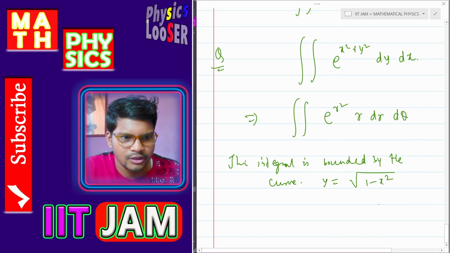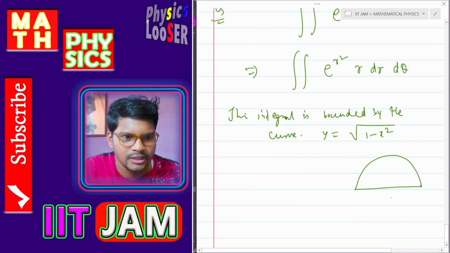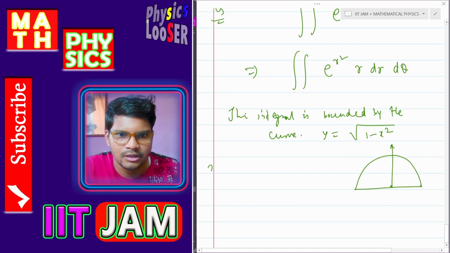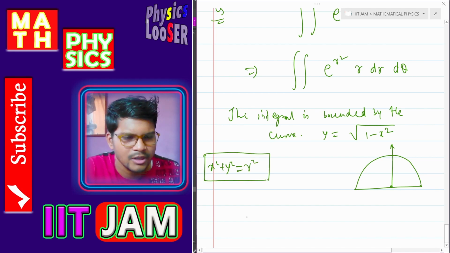So it means that you need to plot a semicircle. In order to find the radius, you know that x square plus y square is equal to r square, the equation of a circle. So here you can see that the radius is 1. So from here to here it is 0 to 1.